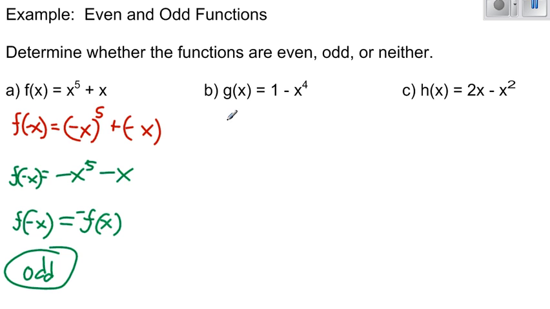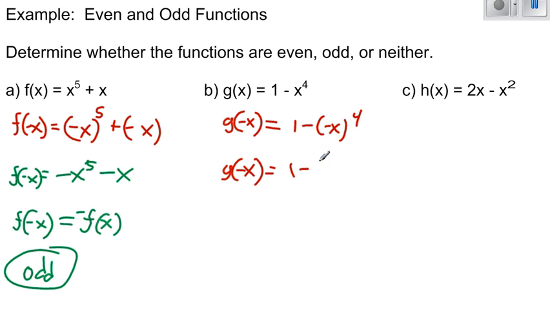We're going to do the same thing for part B. We're going to plug in negative x in place of x. Now, since this is to the 4th power, negative times negative times negative times negative will get us positive.